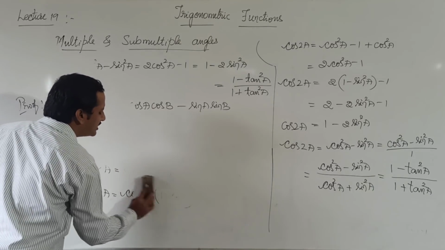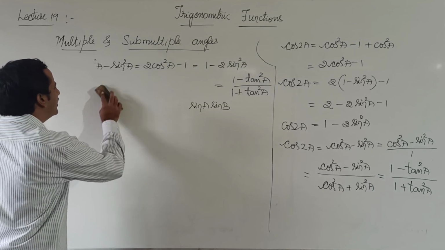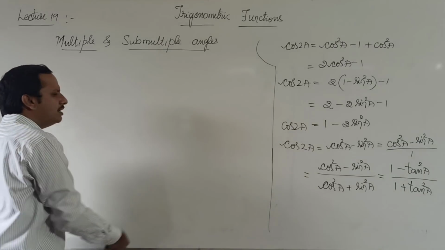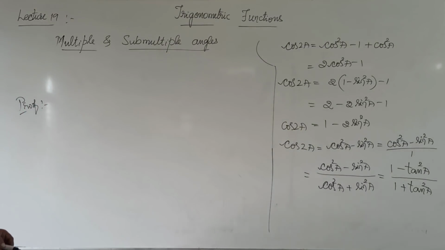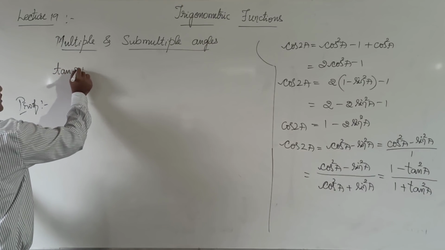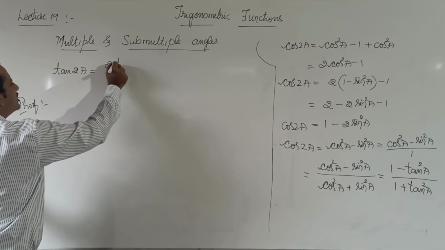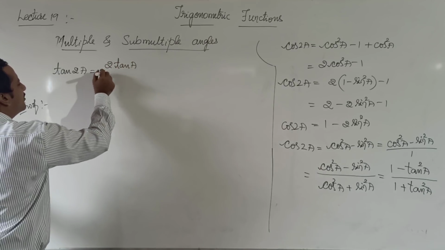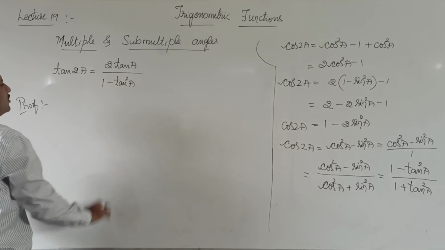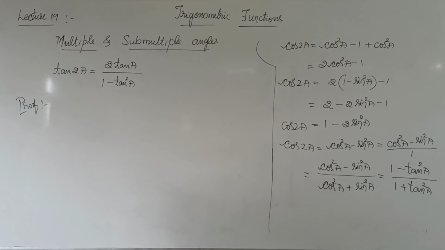After this, let's go to the next one. After sin 2a and cos 2a, let's go to tan 2a. Tan 2a is equal to, the formula is 2 tan a divided by 1 minus tan square a.